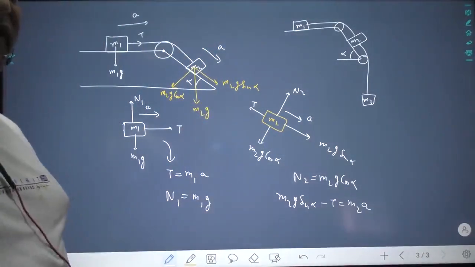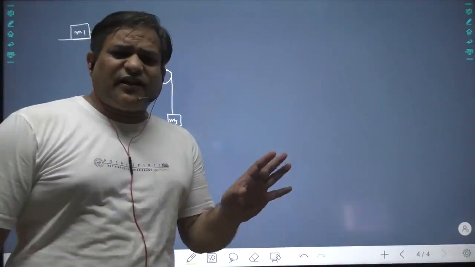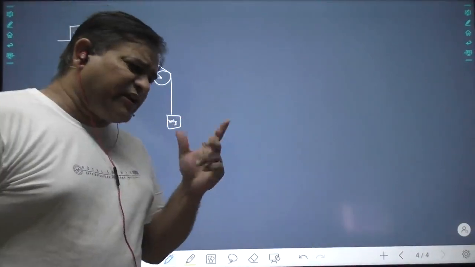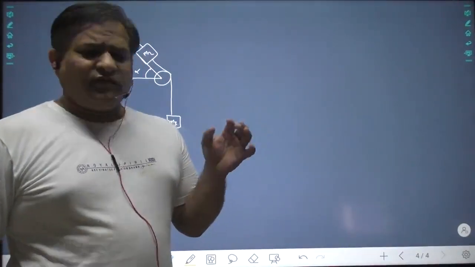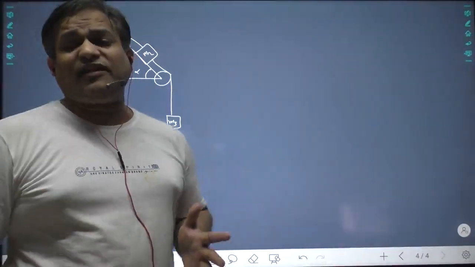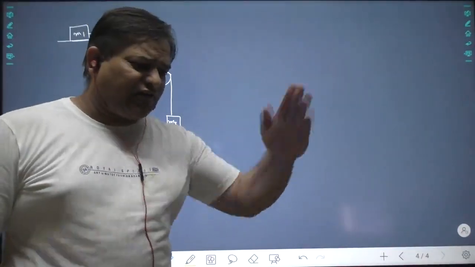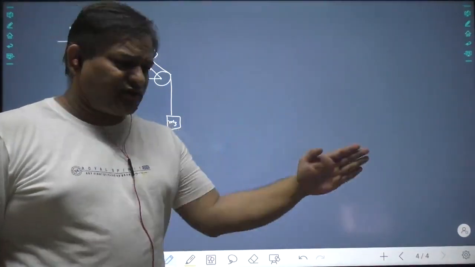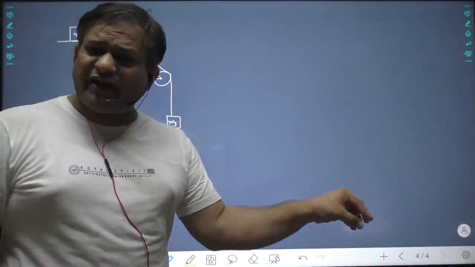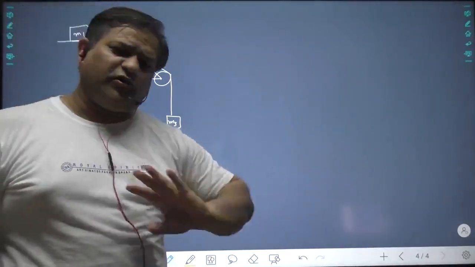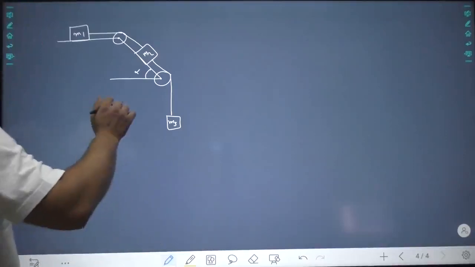Please take 5 minutes. See, the method is well set. Every contact will have a force. The only non-contact force is gravity, and we have to break down every force along two directions: one along the plane on which the body is lying, the other perpendicular to it. That's it. Let us start here.